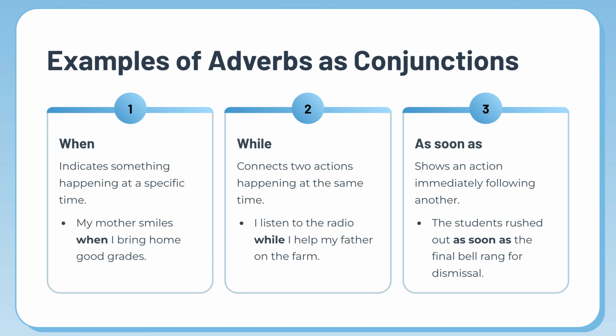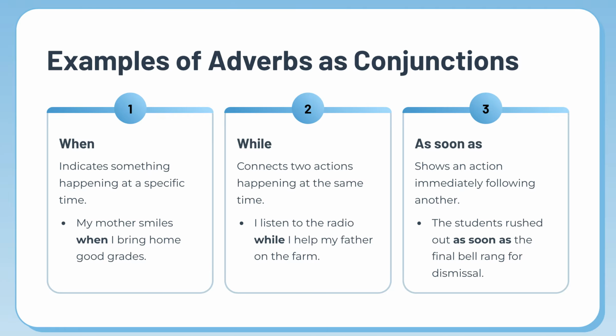While connects 2 actions happening at the same time. I listen to the radio while I help my father on the farm. That means both things happen together. As soon as shows that one action follows another immediately.